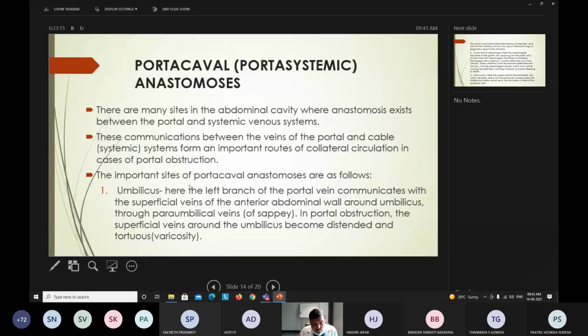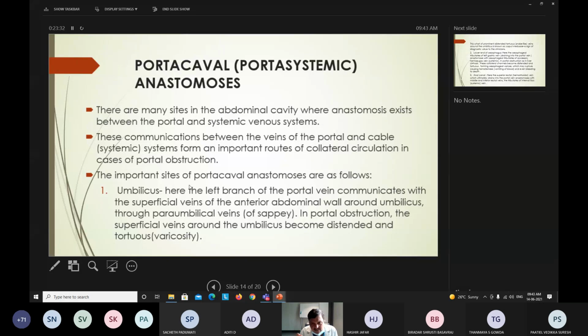Here the left branch of the portal vein communicates with the superficial veins of the anterior abdominal wall around the umbilicus through the paraumbilical veins.